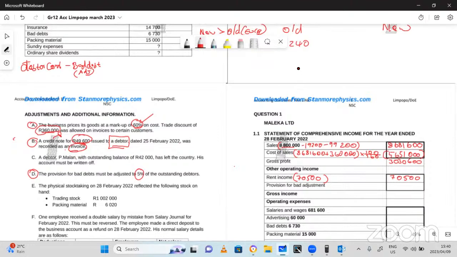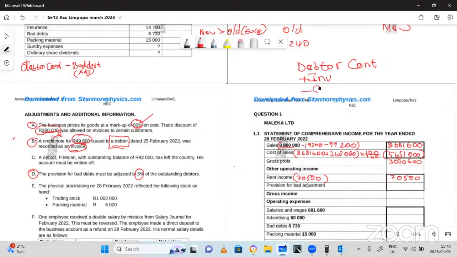Okay, so what does an invoice do? Remember, you need to know the effect of an invoice on the debtors control. Whenever there's an invoice, our debtors control will increase. But whenever there's a trade note, which means the customer is returning the stock, our debtors control will decrease.